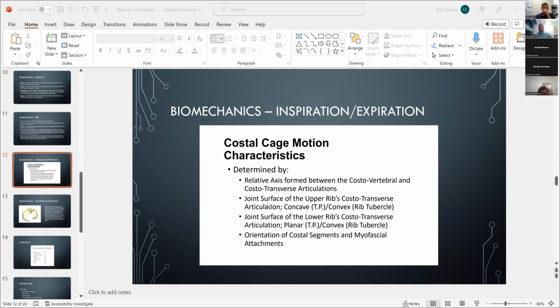If we're looking at the costotransverse articulation, this is the transverse process and the rib tubercle, right? In the upper portion of the rib cage, the transverse process articulation is much more concave. It's deeper, and then we have a significant convexity on the rib tubercle to articulate with that. This is to provide stability, right?